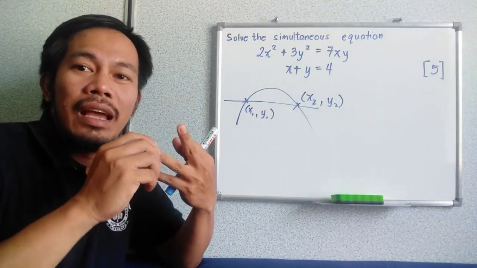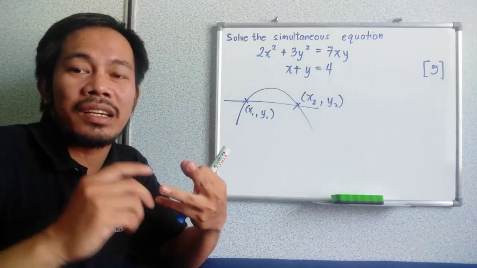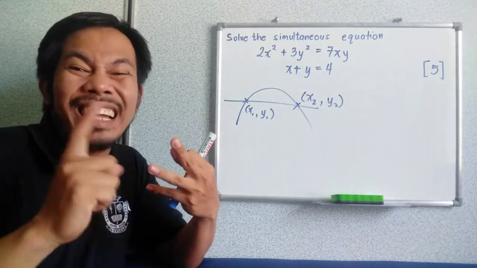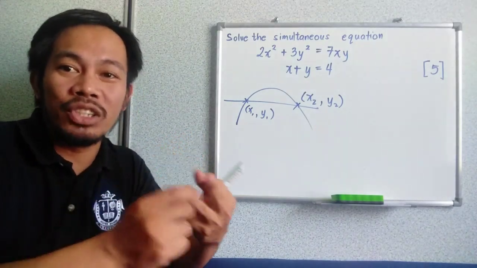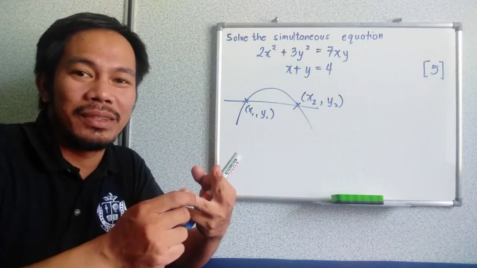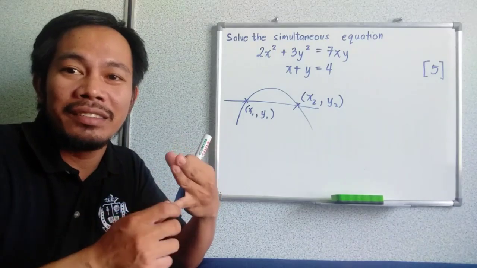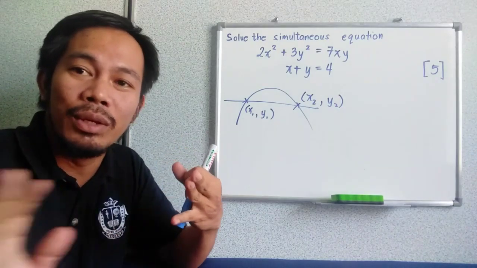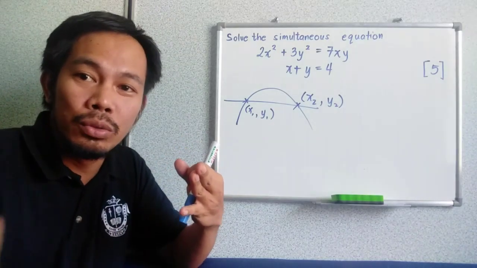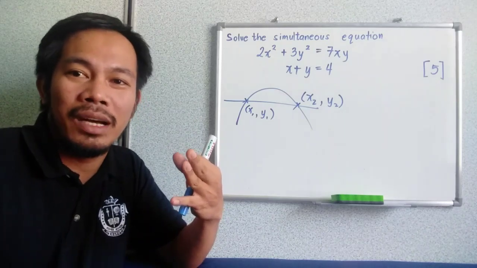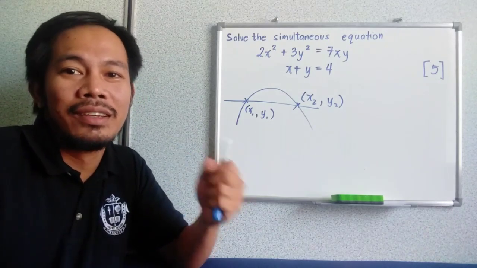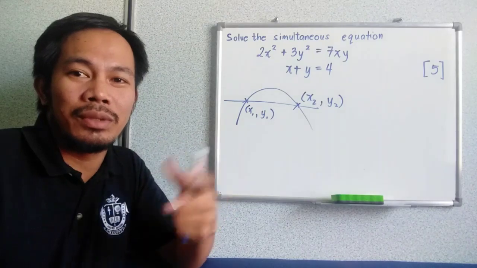Second is a curve and a line that intersect at only 1 point, and that point is what you call the point of tangency. And another situation is that a curve and a line do not intersect, so there will be no real roots that come out.